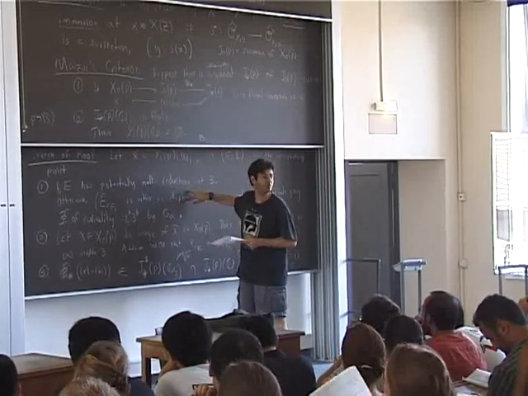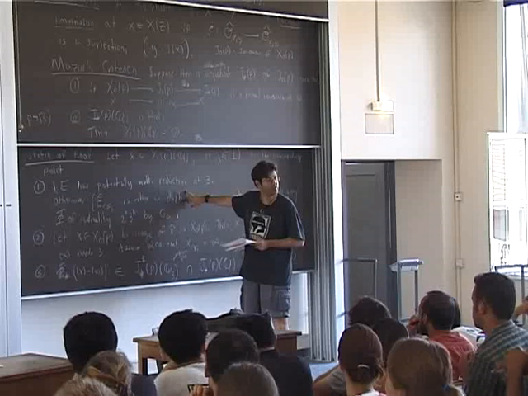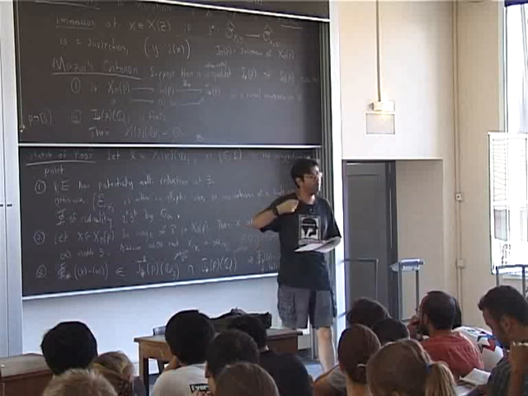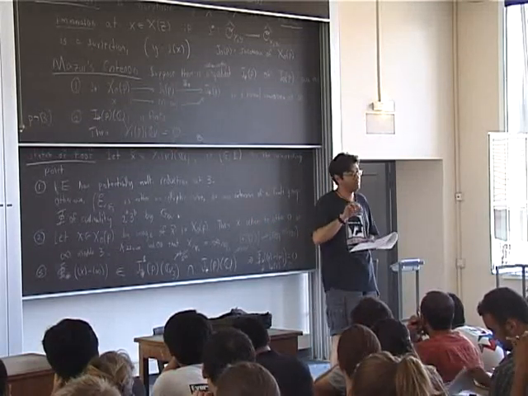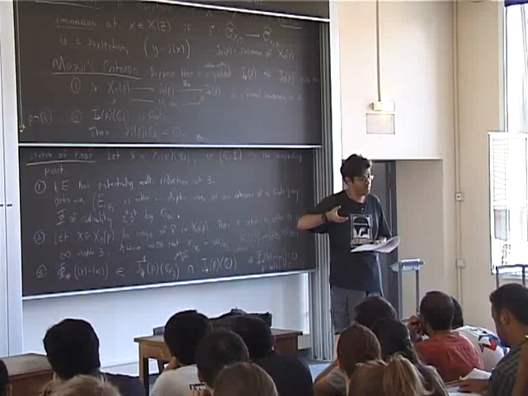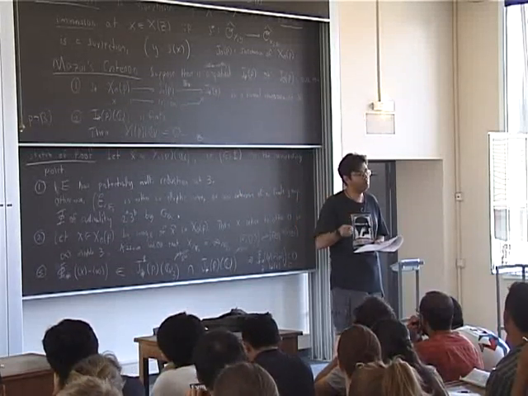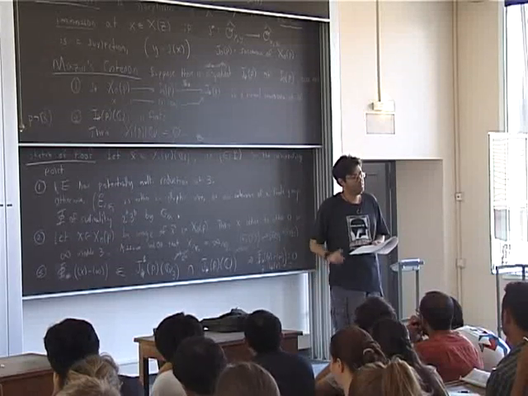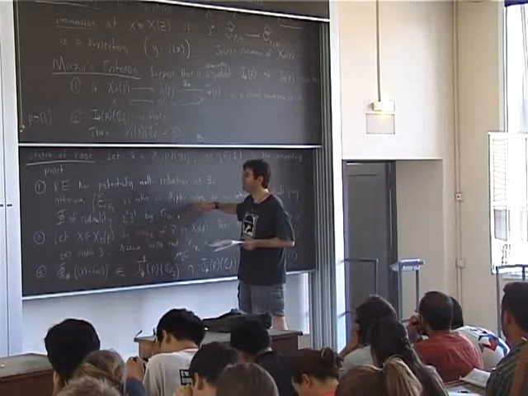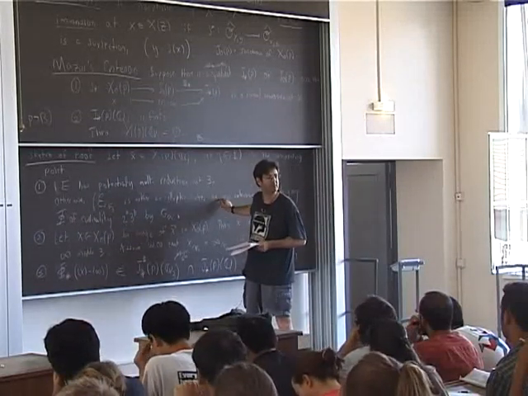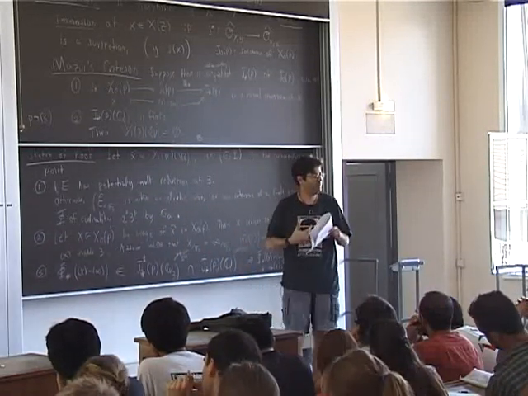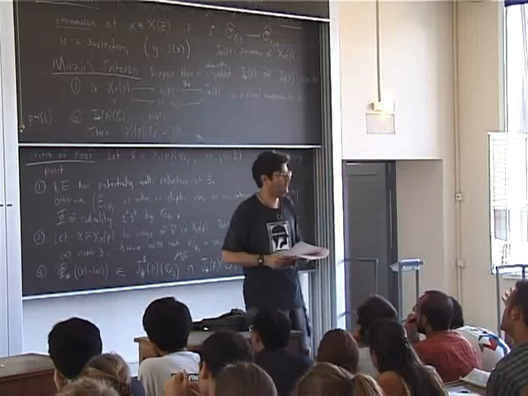When I look at the moduli point corresponding to this x, I said that it had multiplicative reduction because the elliptic curve was endowed with a point of order p. If I started with a rational point on x naught, I would have an elliptic curve endowed with a rational subgroup of order p, and that wouldn't allow me to conclude. For example, the curve could have CM by an order in an imaginary quadratic field of class number 1. So I wouldn't be able to conclude that this has to meet infinity over the special fibers associated with small primes. So it was in step 1 that I exploited the interplay between x1 and x naught.